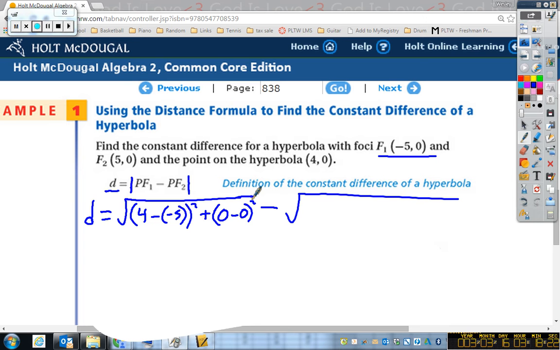And over here, I'm going to use my second focus point, which is going to be 4 minus 5 squared plus 0 minus 0 squared.